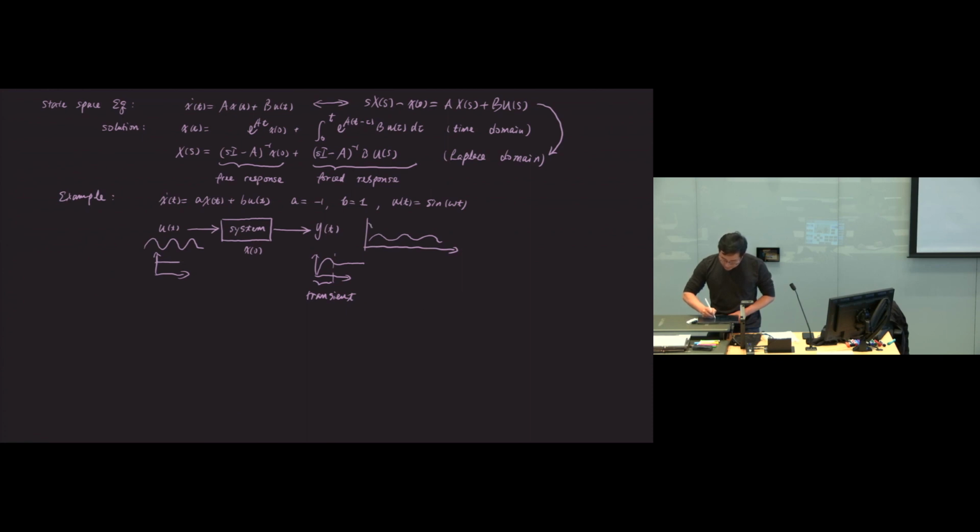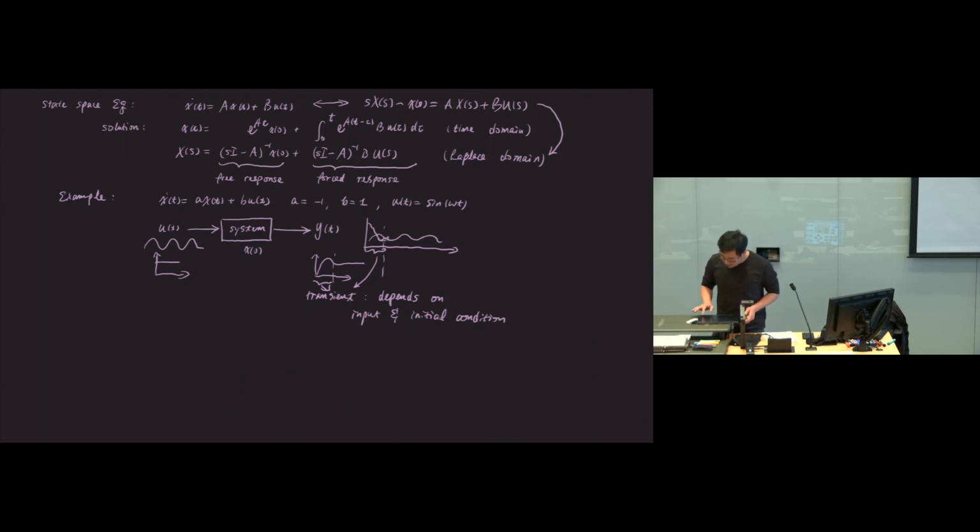Let's say something like this. Initially, it might go down like this, and then gradually it becomes sinusoidal. This transient response, the main observation is that it depends on the input as well as the initial condition.